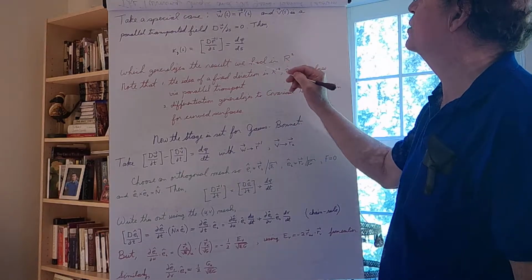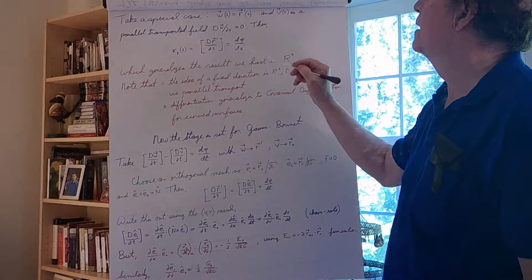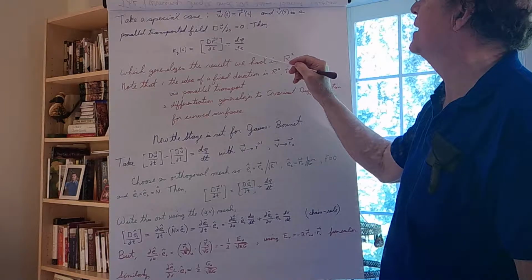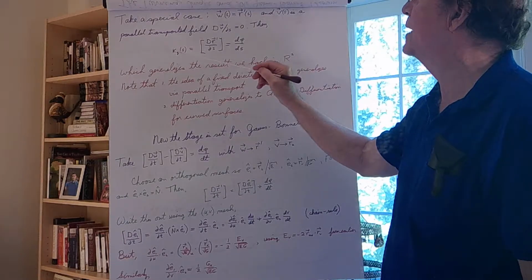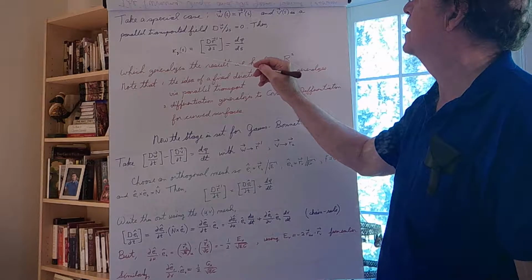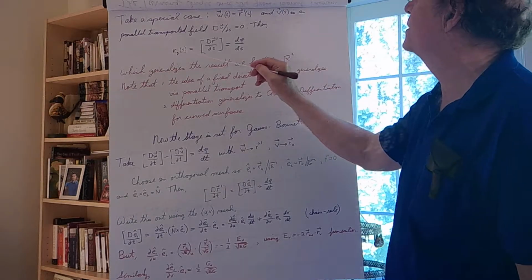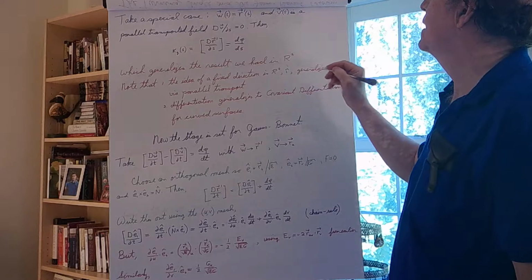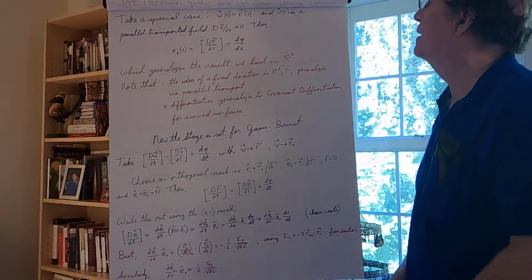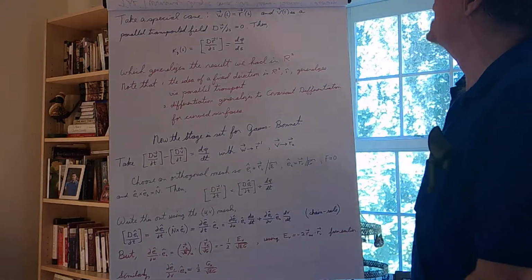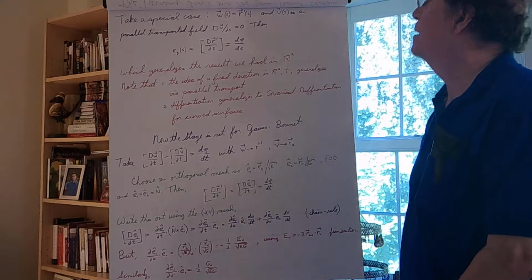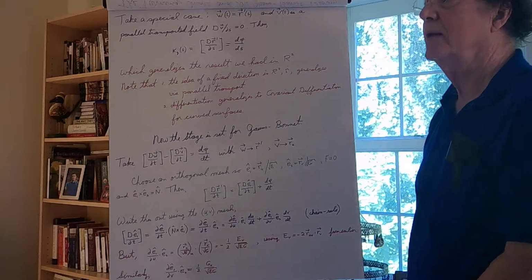This is just the projection of the acceleration of the curve C onto the tangent plane. That's kappa sub g. And I learned therefore that kappa sub g is the rate of change of phi, where phi is the angle between the tangent and the parallel transported vector v.